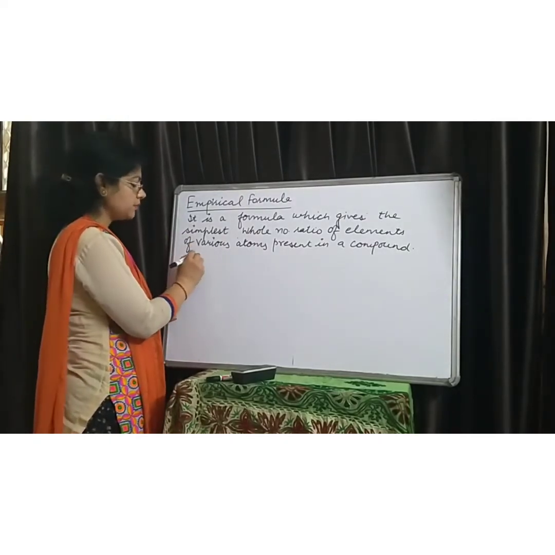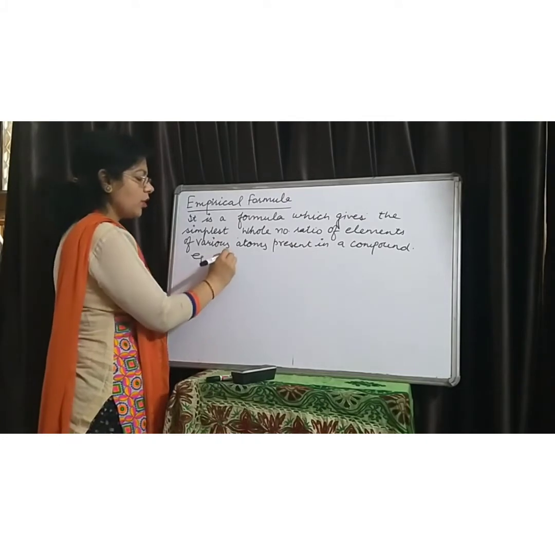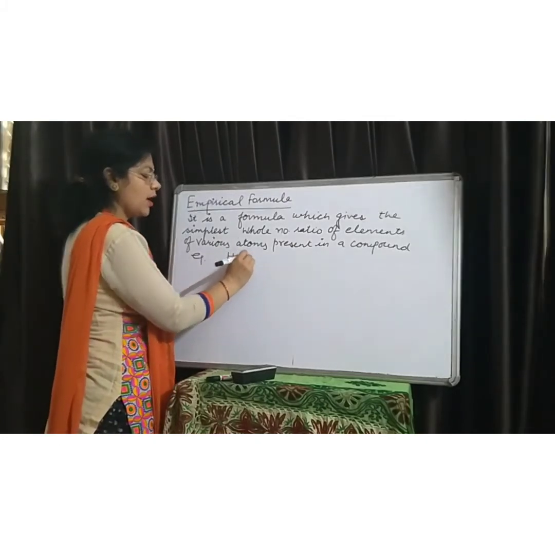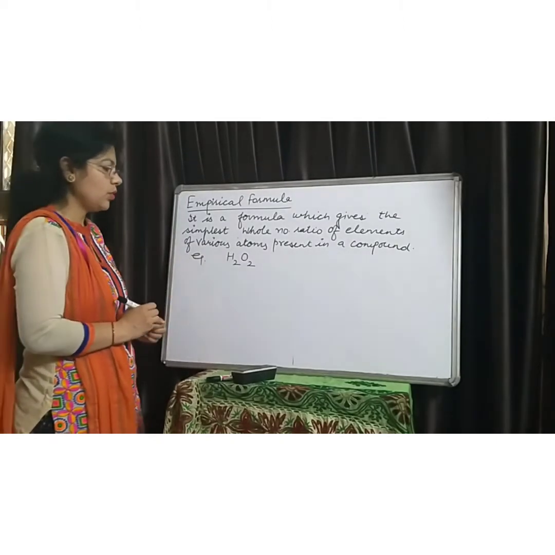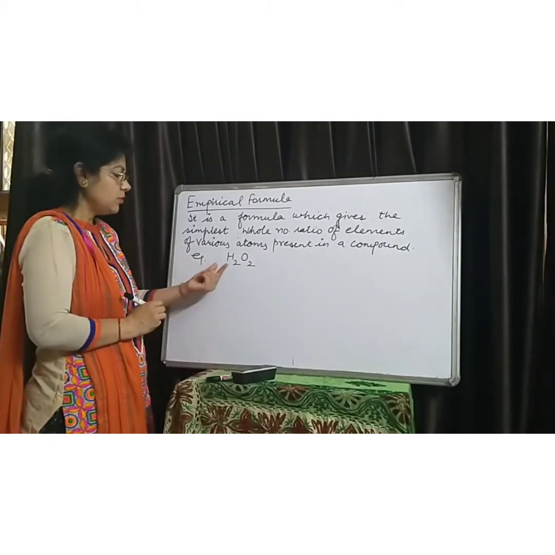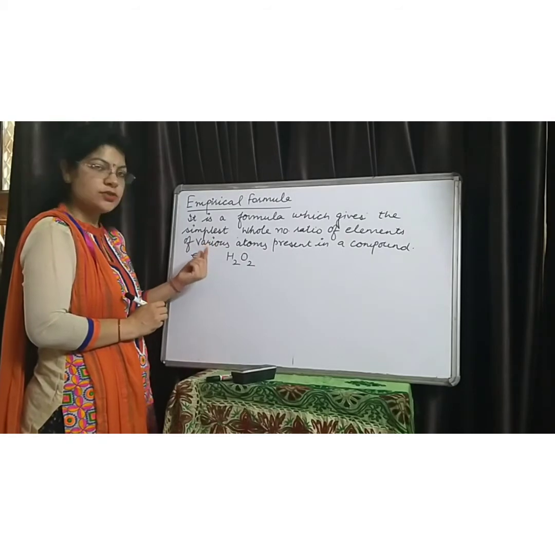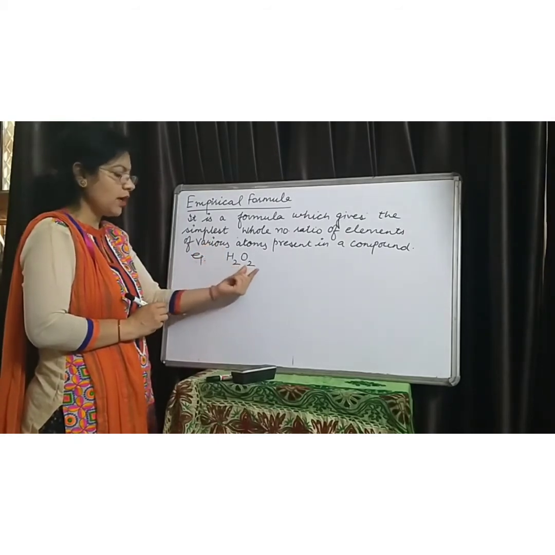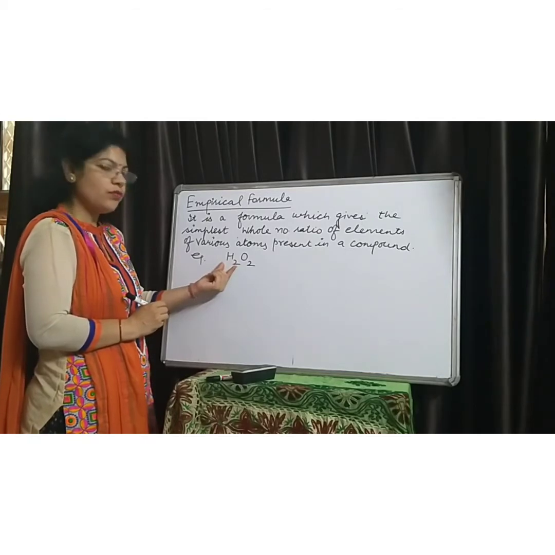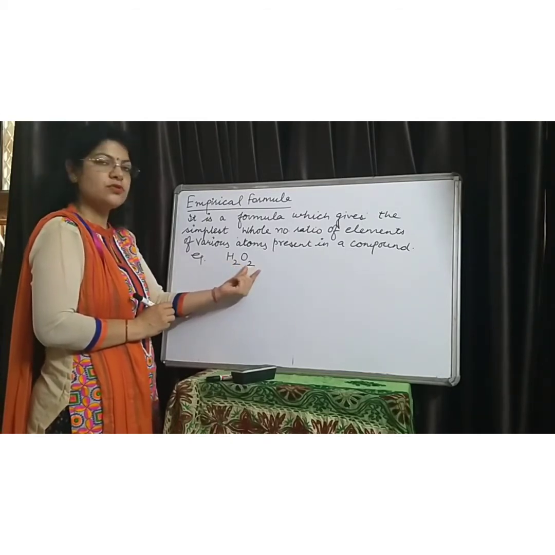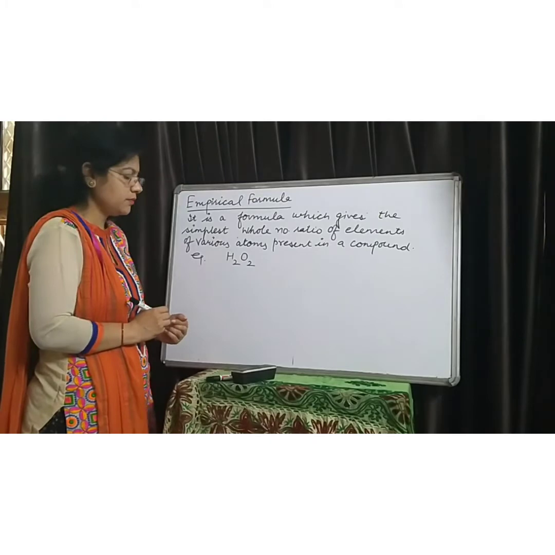For example, the molecular formula of hydrogen peroxide is H2O2. Here, two kinds of atoms are present, hydrogen and oxygen, and two atoms of hydrogen and two atoms of oxygen are present.